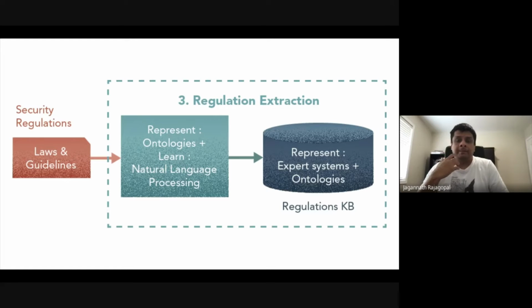The next step is extracting and modeling regulations. Laws, guidelines, rules and regulations are usually available in a digitized form. This step has 2 parts. Firstly, you want to mine that, so there's some sort of natural language processing approach, usually machine learning based. Once you extract that information, you want to store it in the form of an ontology.